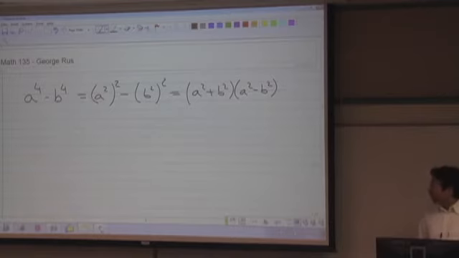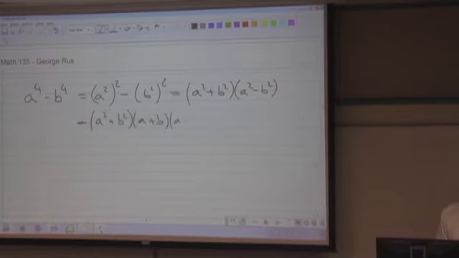And now if you look at the second parenthesis, that's also a difference of squares, and so this is equal to a squared plus b squared times a plus b times a minus b. Does that make sense? So now I guess all you have to do is just put x for a and 1 for b.